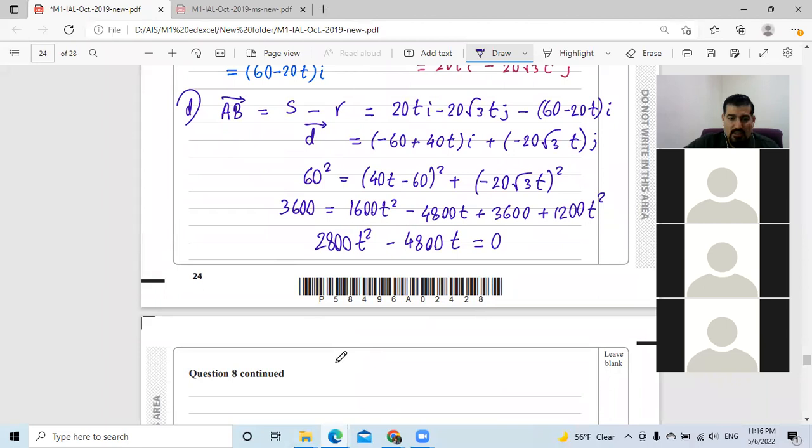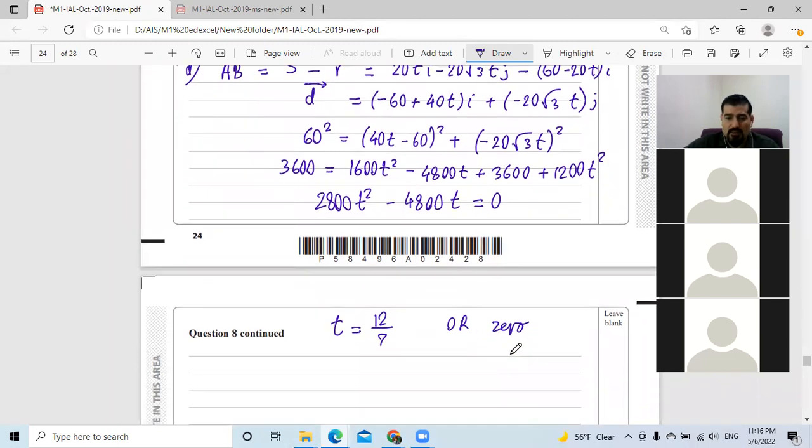That means t has two values exactly. One is 12 over 7, and the other value is 0. 0 means at noon.